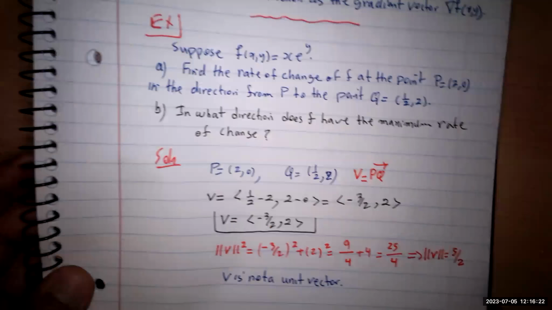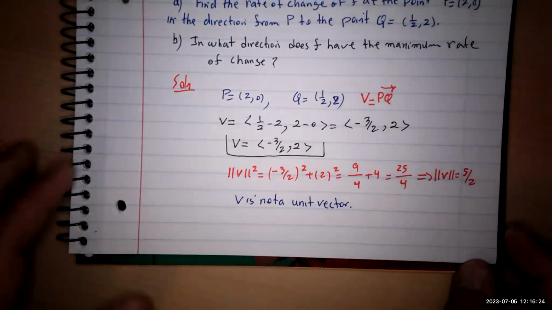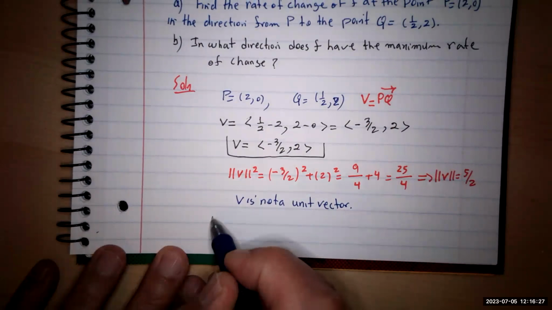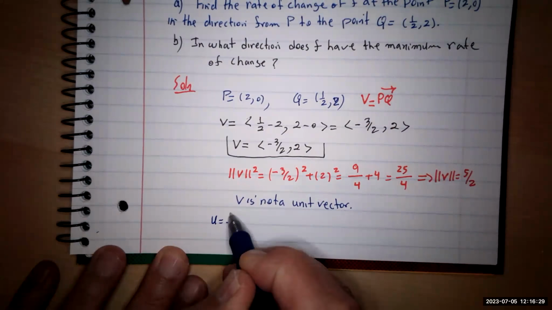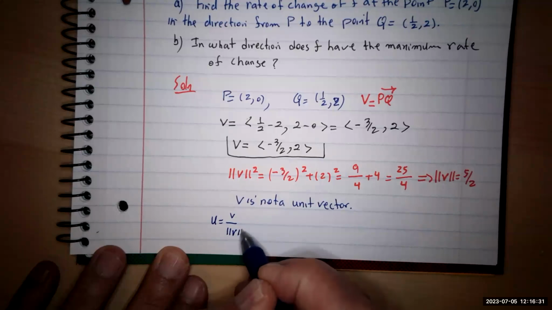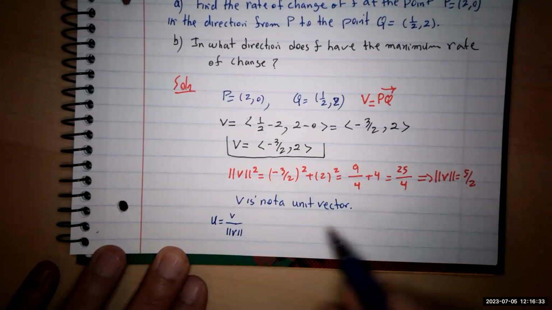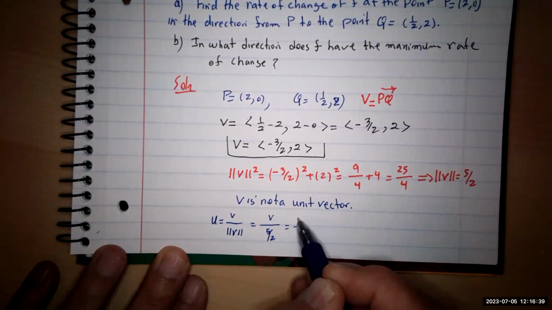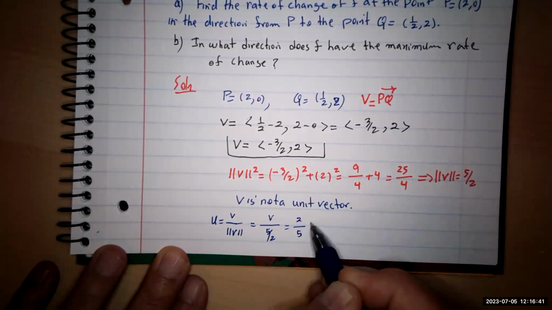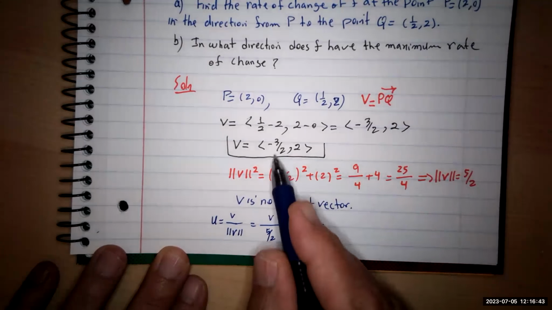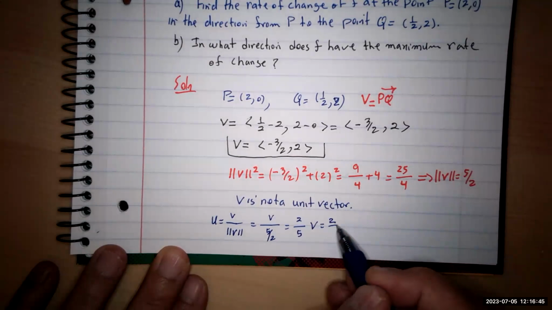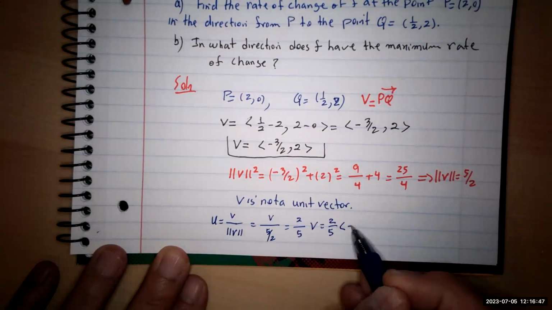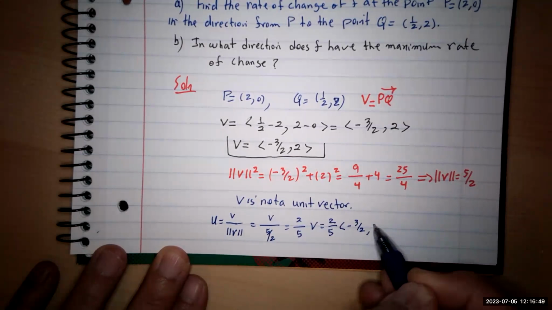If you normalize it, you introduce the vector u, which is v over the norm of v. The norm of v is 5/2, so it's v over 5/2, which is 2/5 times v. So it's 2/5 times (-3/2, 2).